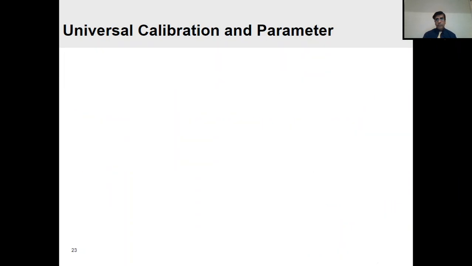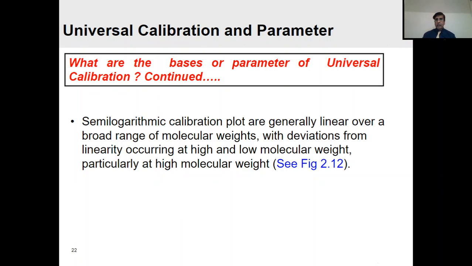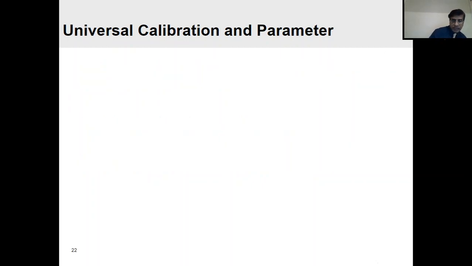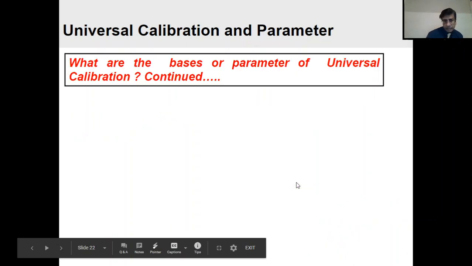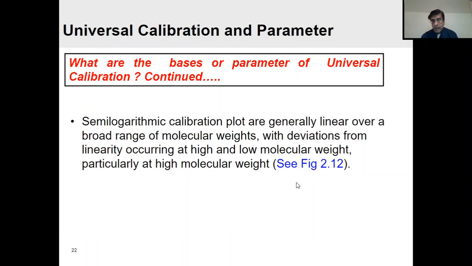Okay, so as we discussed, again it's a linear graph. If you see here, this is the linear space. So any molecular weight in this range is reliable, not the upturn and the lower turn, as I mentioned to you. That's explained again here.